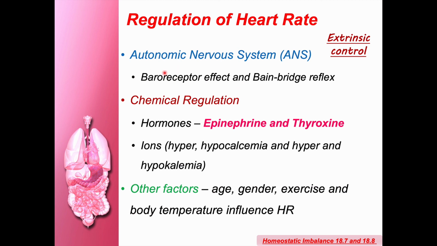Then chemical regulation, for example, the hormones epinephrine and thyroxine will increase the heartbeat. Likewise other factors, age, gender, exercise, body temperature influence the heartbeat. If there is pyrexia, that is high body temperature, the heart rate will be high. When you count the pulse of a 2-year-old baby or 1-year-old child, the pulse will be around 100.